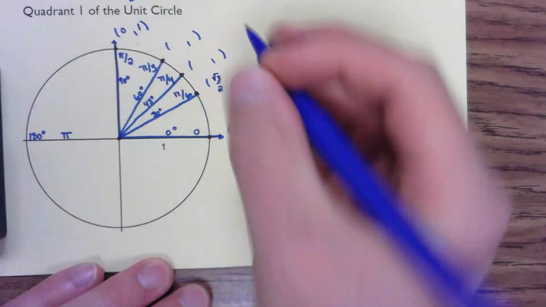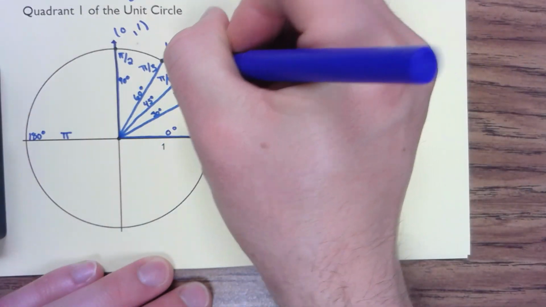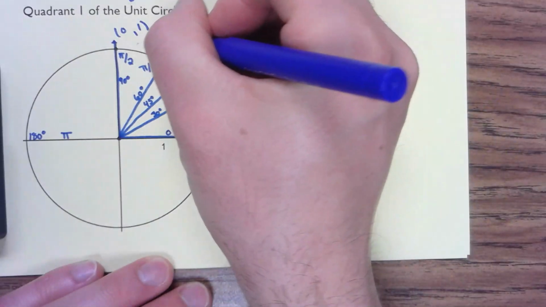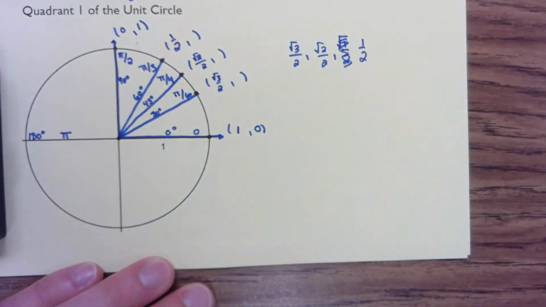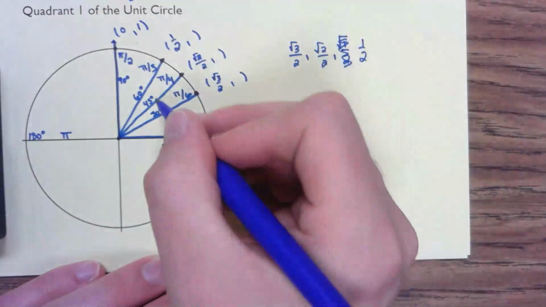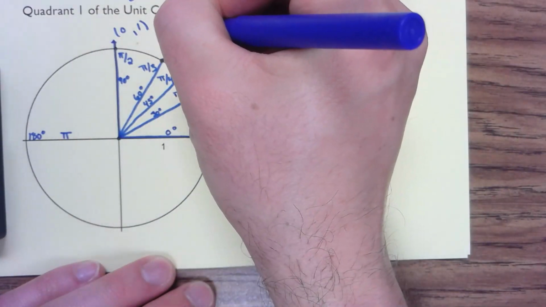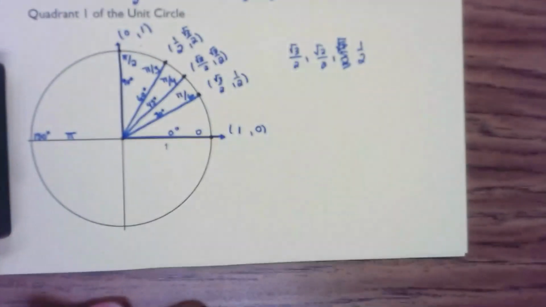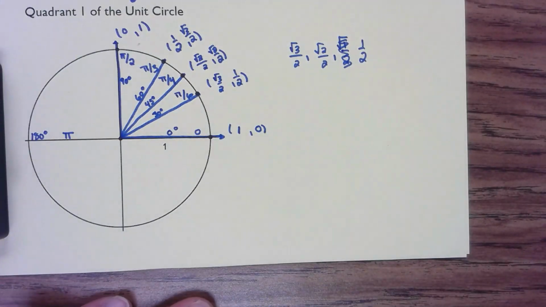At pi over 4, I'm going over by the middle amount, so root 2 over 2. And at pi over 3, I'm going over by the least amount, which is 1/2. The y values are just going to be the opposite. So pi over 3 is the largest value, because that's the furthest up, so root 3 over 2. And then at pi over 6, the y value is 1/2. And there we go, there is our quadrant 1.